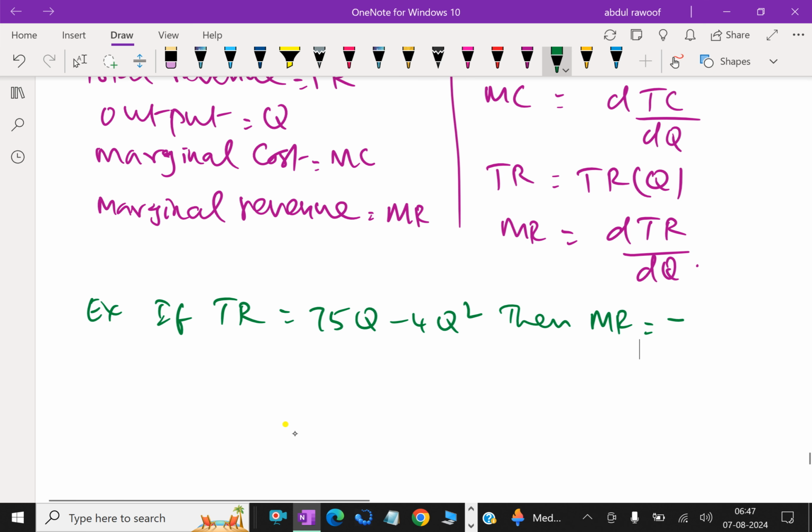That is, you can write the differentiation of TR by DQ, which is equal to 75 minus 2 into 4, that is 75 minus 8Q.